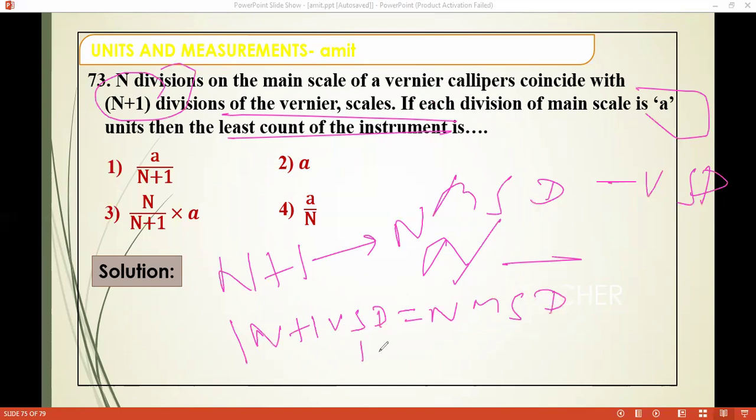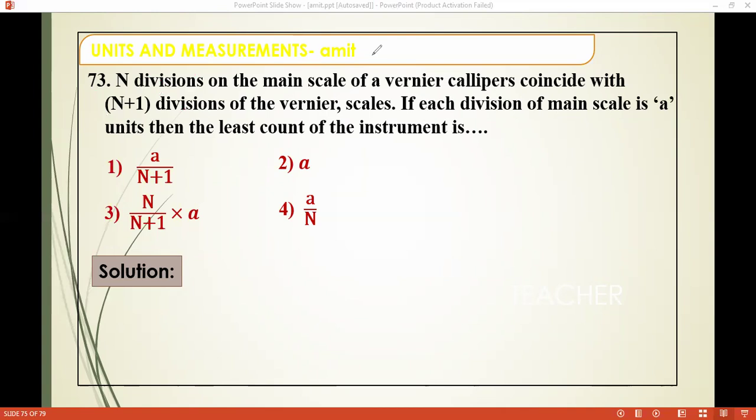So 1 VSD is n by n plus 1 MSD. So the least count is 1 MSD minus n by n plus 1 MSD.